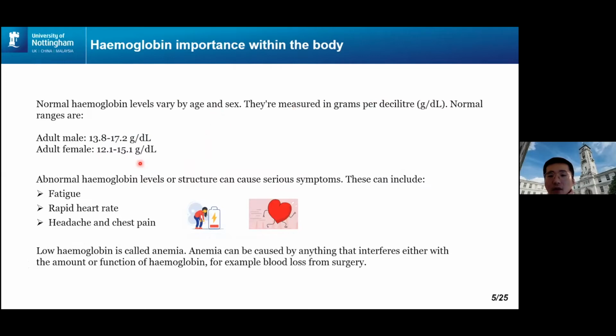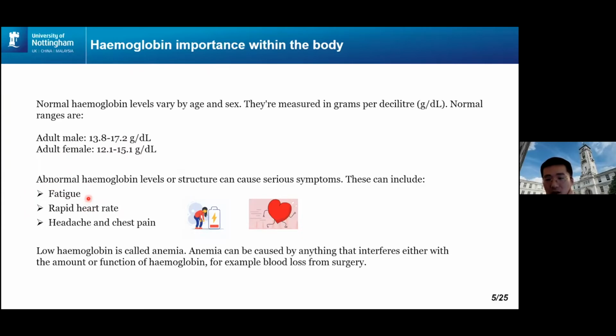The hemoglobin level varies by age and sex. Normally, men have slightly higher levels than women. Here are the normal ranges for adult male and female. And abnormal hemoglobin levels can cause serious symptoms, which can include fatigue, as the body is in a low oxygen situation, or rapid heart rate.